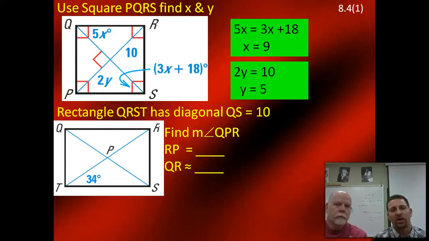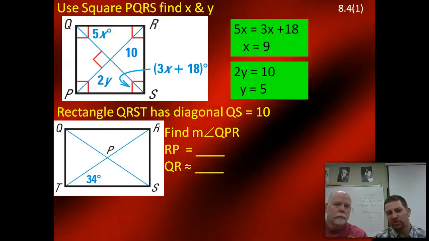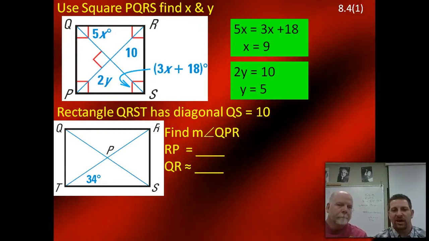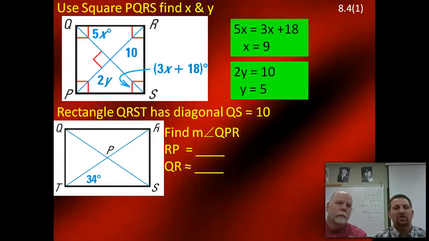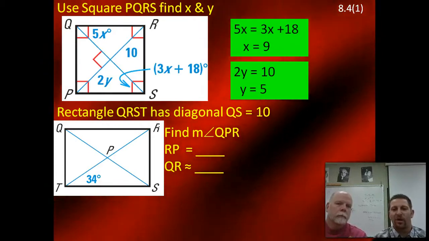QPR is that angle up there on the top. You have to think back to the rules we learned about rectangles and parallelograms. A rectangle's diagonals are congruent, and a parallelogram's diagonals bisect each other. So that makes triangle SPT, the one on the bottom where the 34 degrees is, an isosceles triangle.